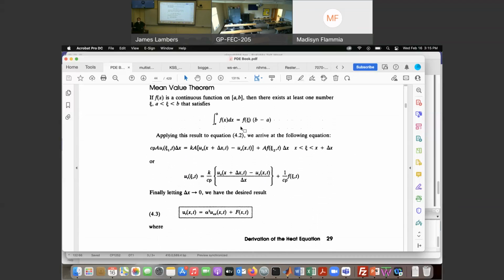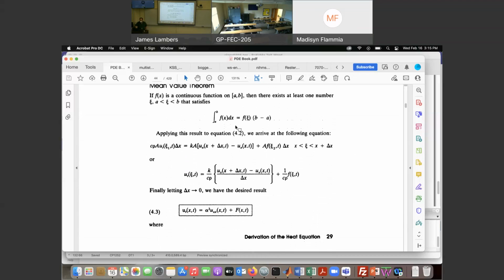Here would be the theorem: this is evaluated at an unknown point between x and x plus delta x. But because delta x is going to 0, x and x_c have to coalesce in one point. So yes, it does become x.